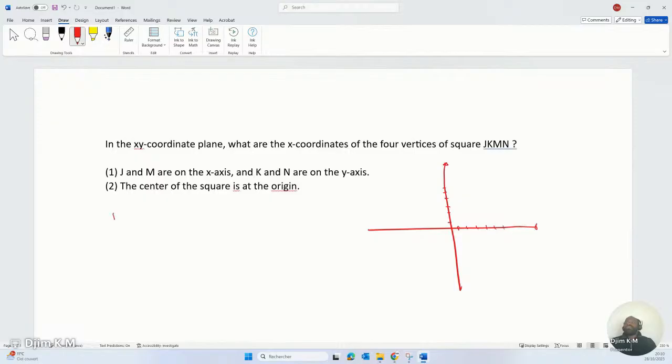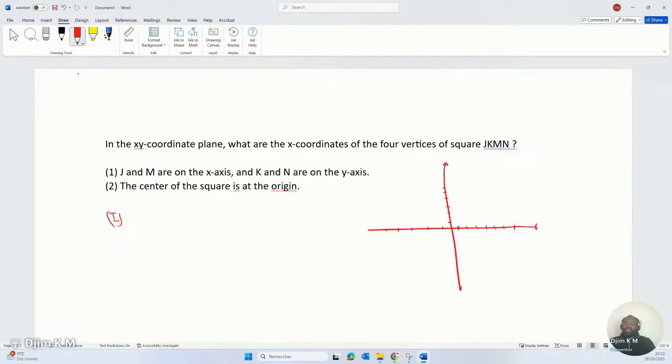So the first condition only tells us that J and M are on the x-axis, but we don't know which side. Okay, so we can have both of them being on the positive side of the x-axis.